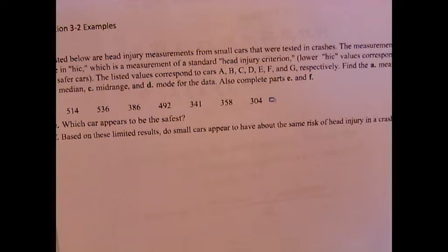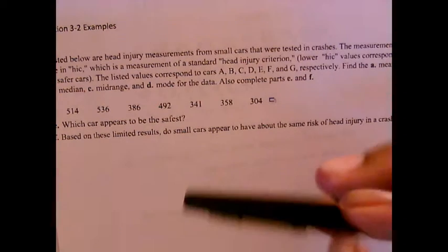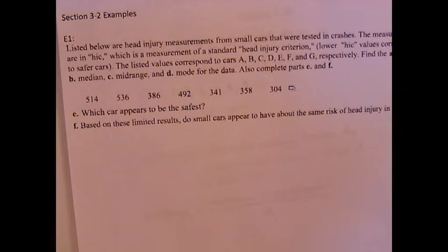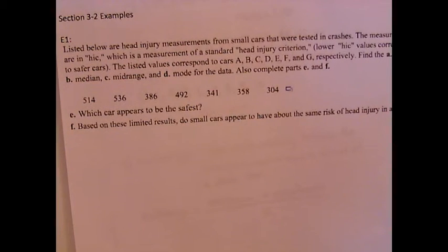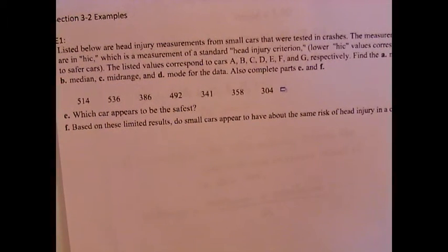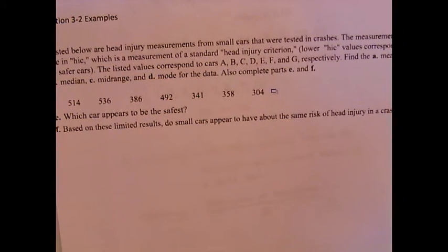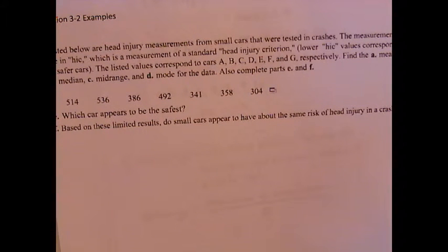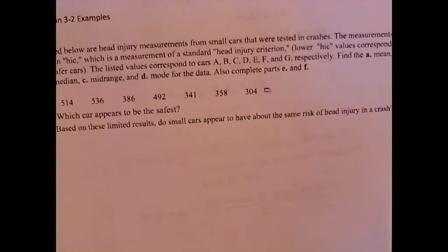Here you're going to find the mean, the median, mid-range, and the mode for the set of data. And then you'll also complete parts E and F, which is this: which cars appear to be the safest, and based on these limited results, do the cars appear to have about the same risk of head injury in a crash?